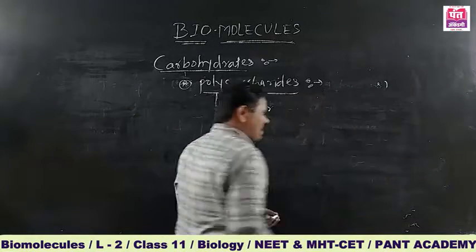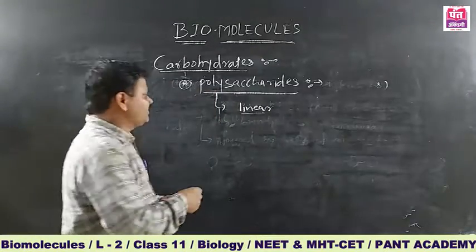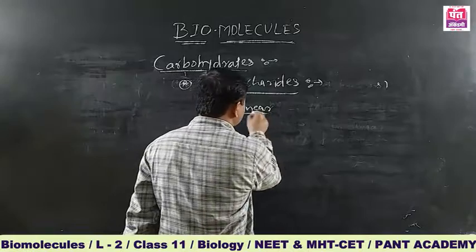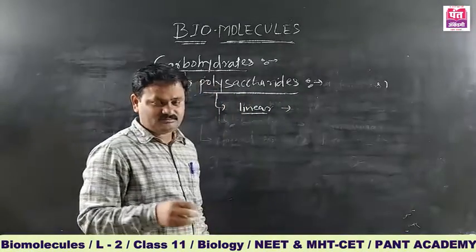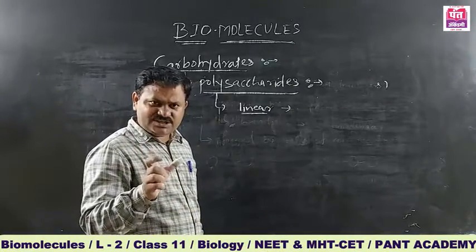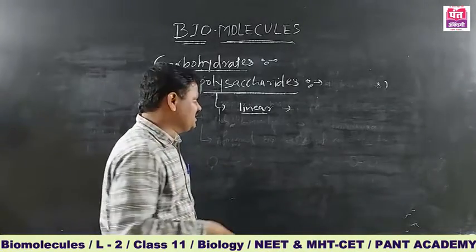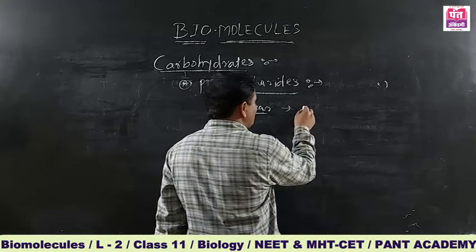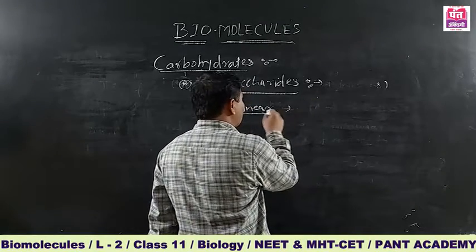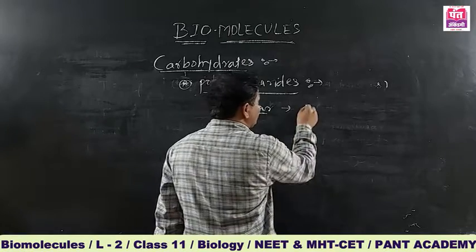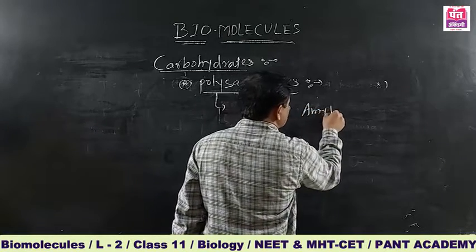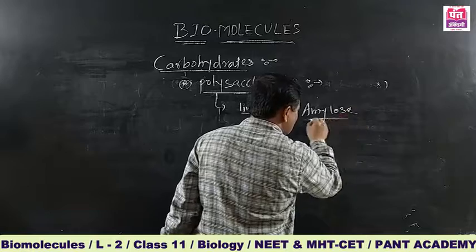When we look at linear polymerization, the monosaccharide molecules are joined together, and if the group is formed of glucose only, then it can be considered as amylose. So one example of linear polymerization in the polysaccharide is amylose.